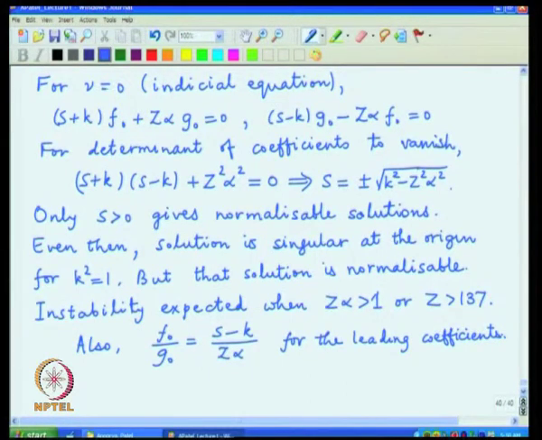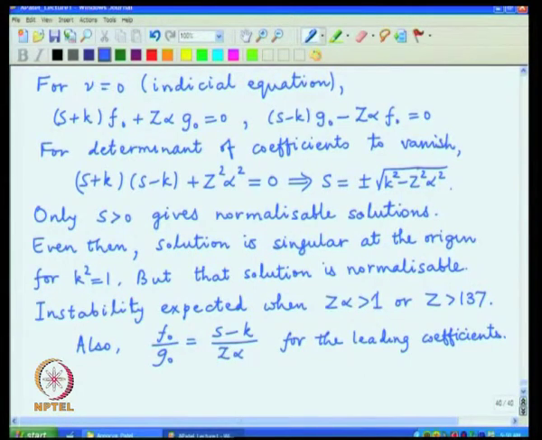Now, we can go a step further and try to determine the relation between arbitrary f nu and g mu. It can be done by certain manipulations, and they are quite straightforward.